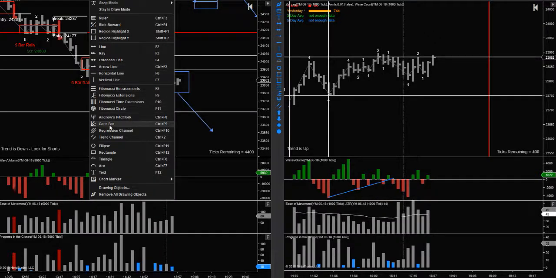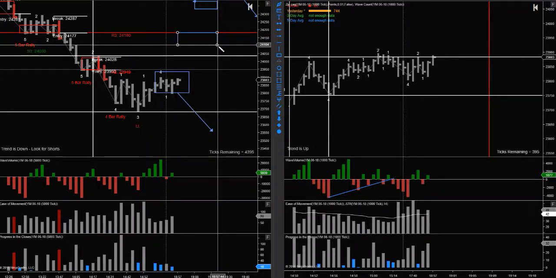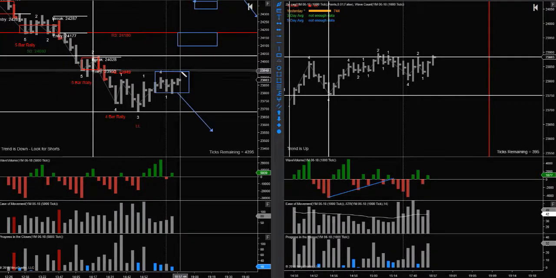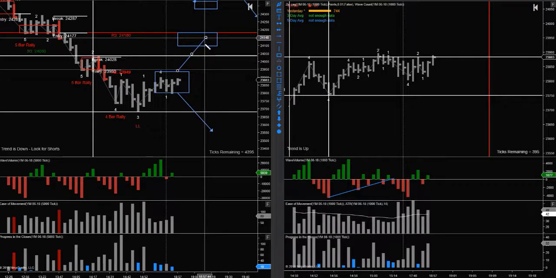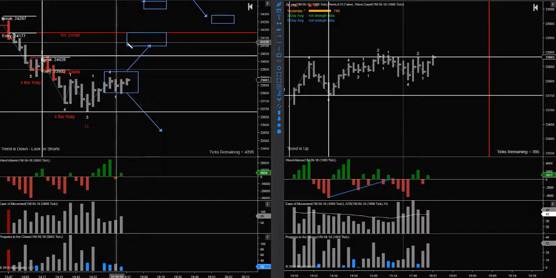Maybe up here, R2 is untested, right? Maybe it'll do it here, or it can go higher, but somewhere these guys are going to come right back and say, I don't think so, and push it right back down.